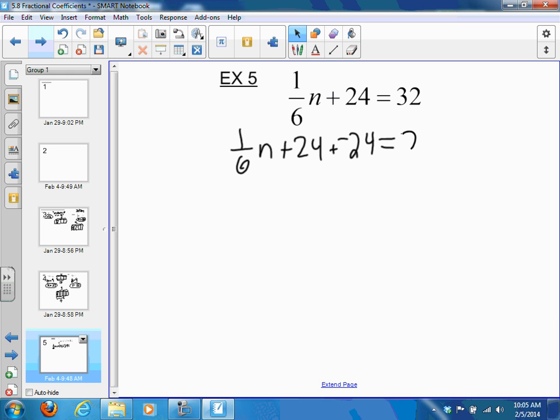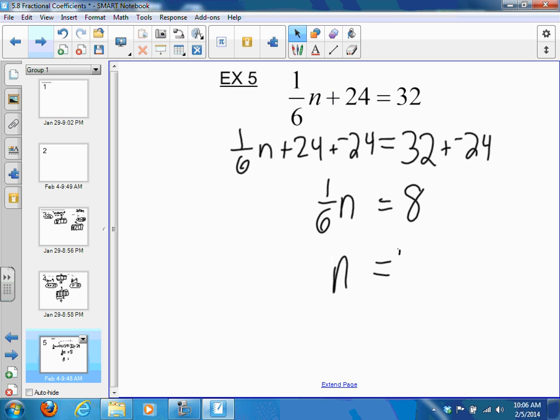Add negative 24 to both sides. 32 plus negative 24. All right, very good. What am I left with, Ryan? 1/6 n equals 8. Good. If 1/6 of n equals 8, then what does n equal, Malik? N equals 48. Very good.